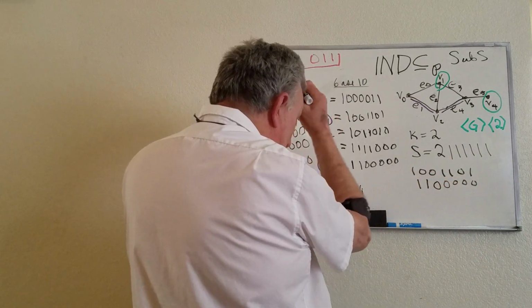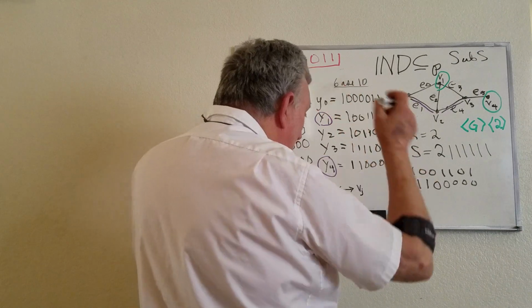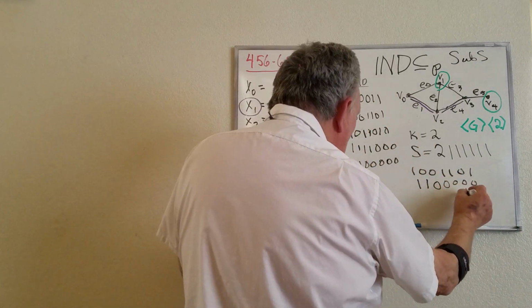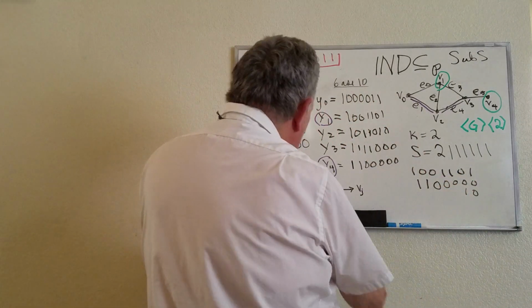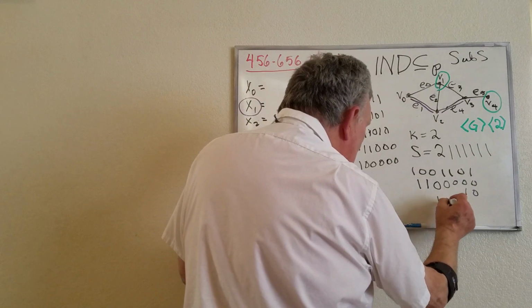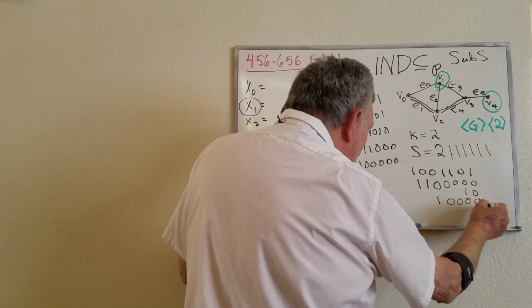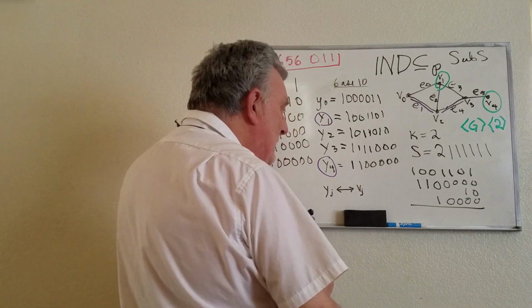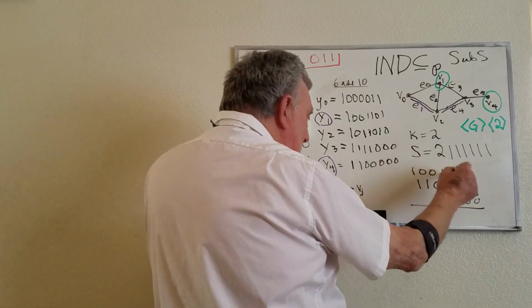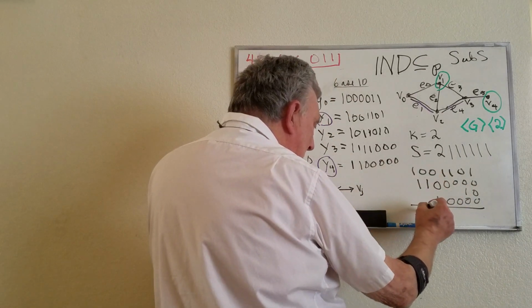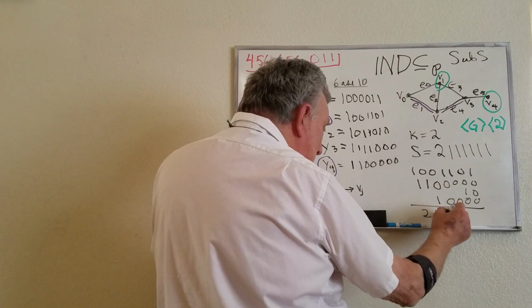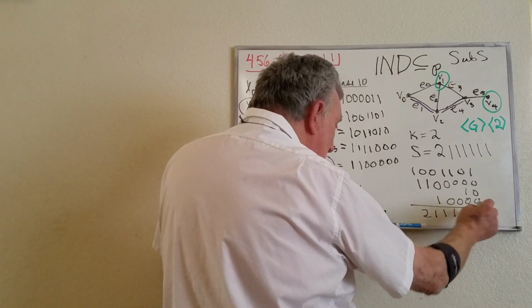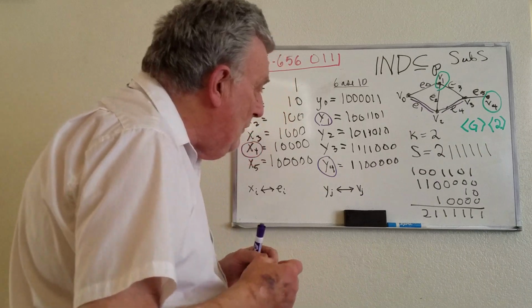Then we have y1, which is 1, 0, and x4, which is 1, 0, 0, 0, 0. Now when I add those up, notice that there's a 1 in each place except for the 6th place, which has a 2. And so the total equals that.